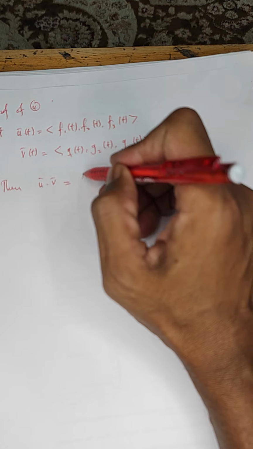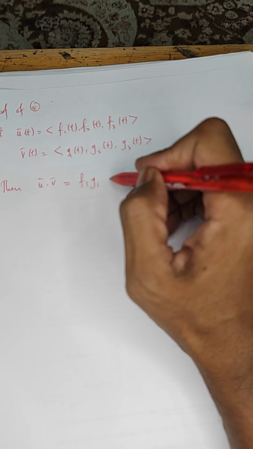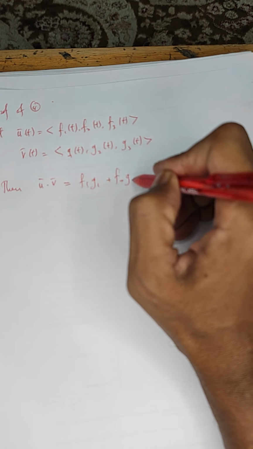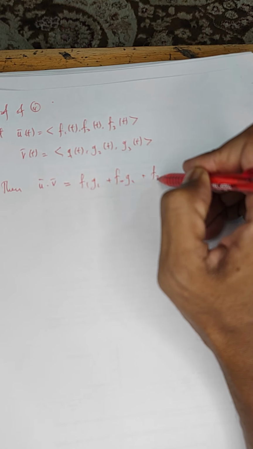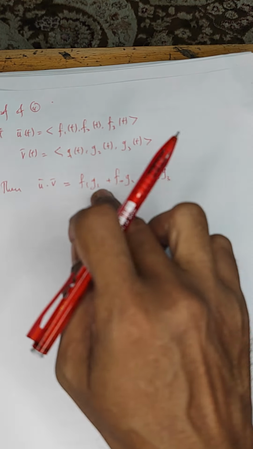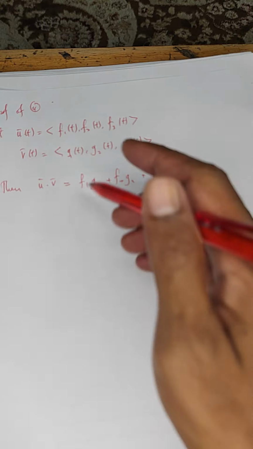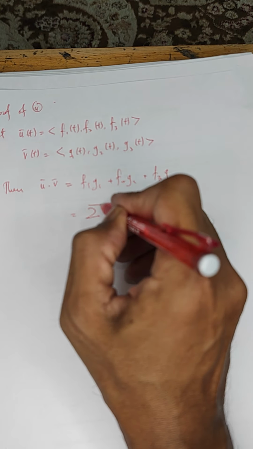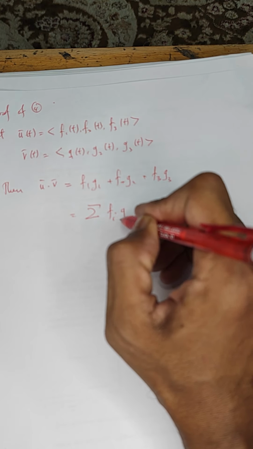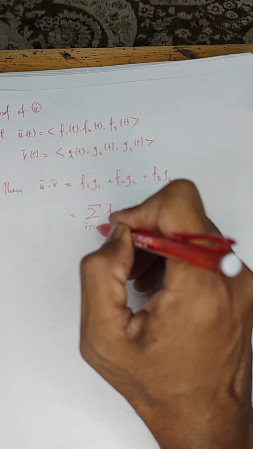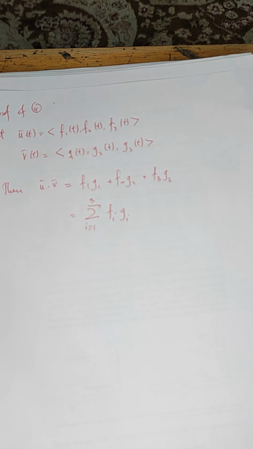So we have f1 g1 plus f2 g2 plus f3 g3. Of course, this is a function of t, or in short, you can write this as f_i g_i, summation i from 1 to 3.